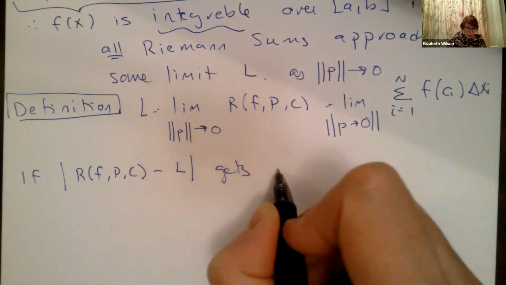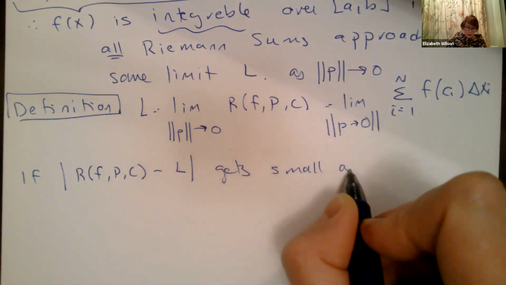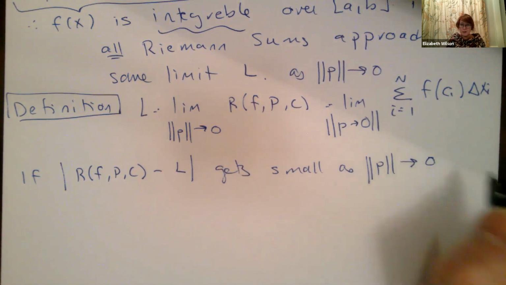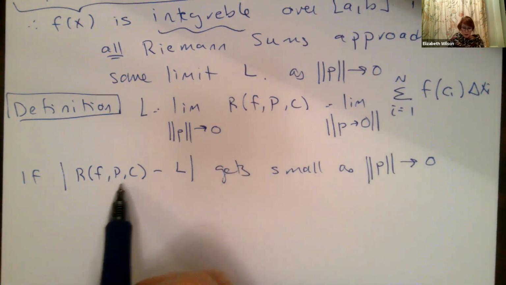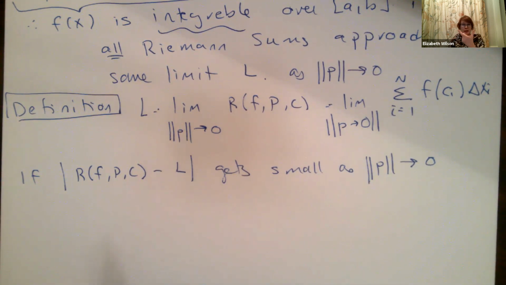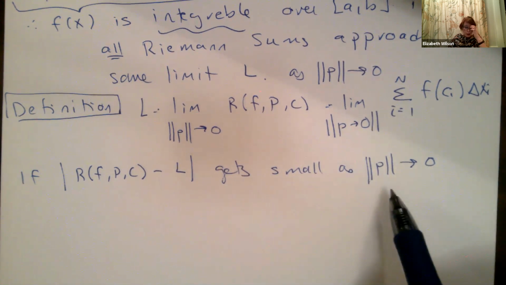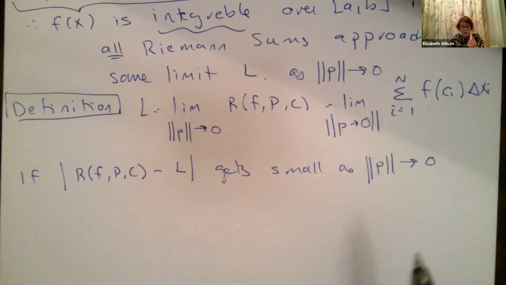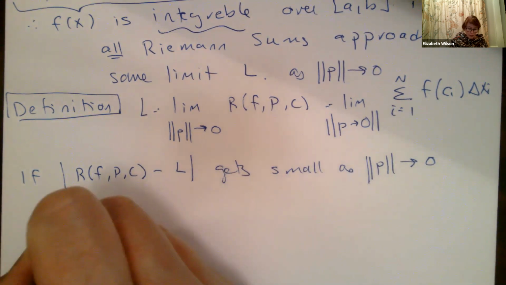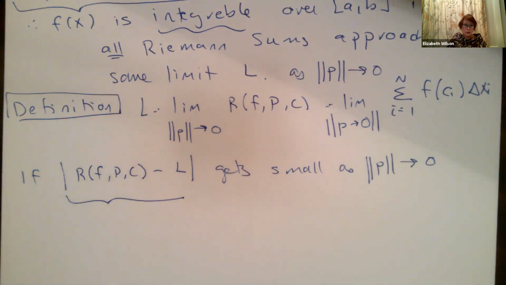If that gets small as our norm of P gets small, what this means is the difference between those two values gets really small, which means there is no difference between them, right? As the number of subintervals, as the number of rectangles gets really big, as their delta x gets really, really small, this is going to lead to the definite integral.